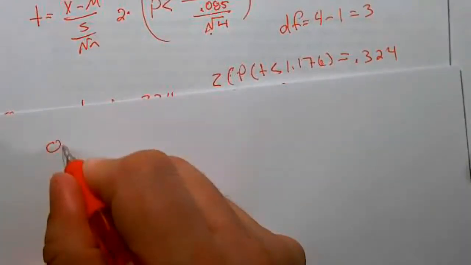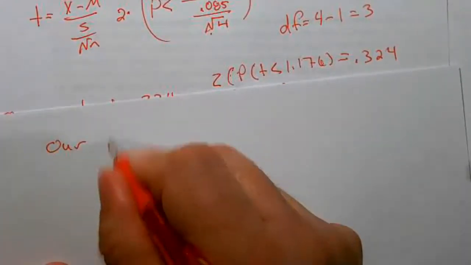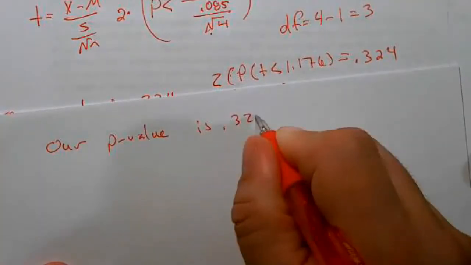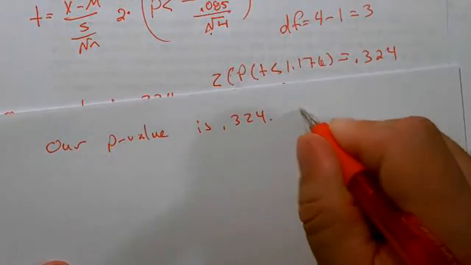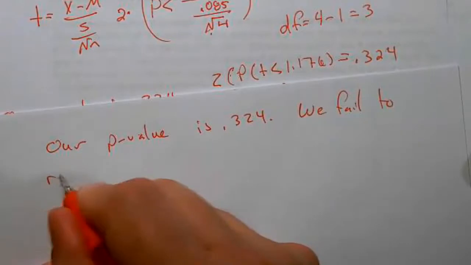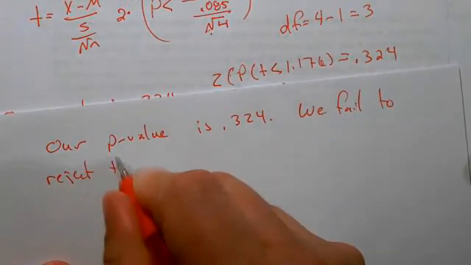So our p value is 0.324. We fail to reject the null.